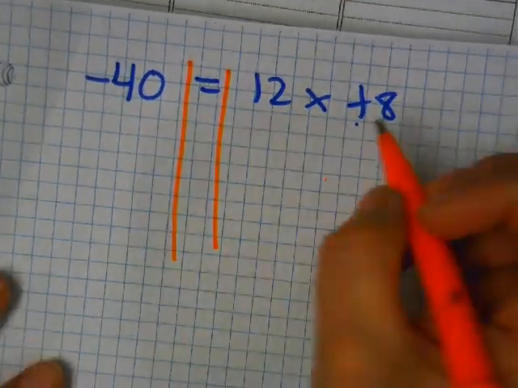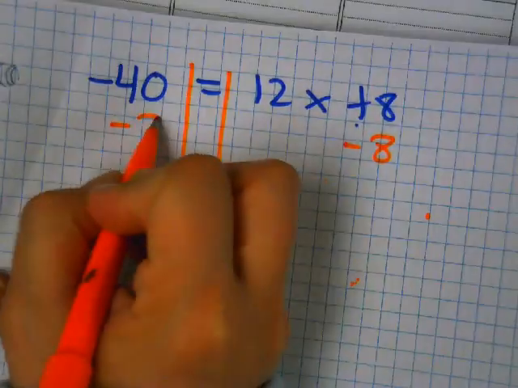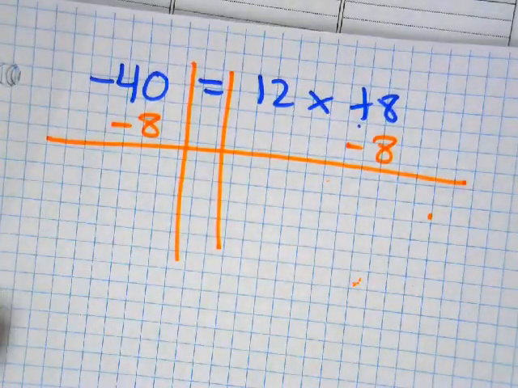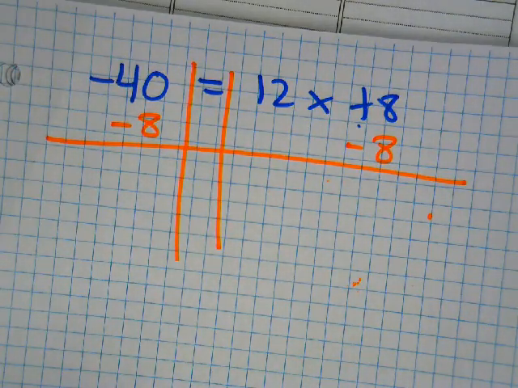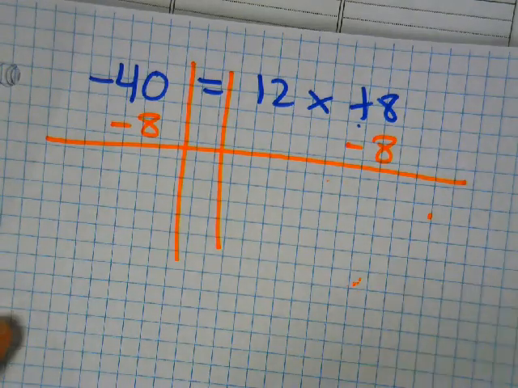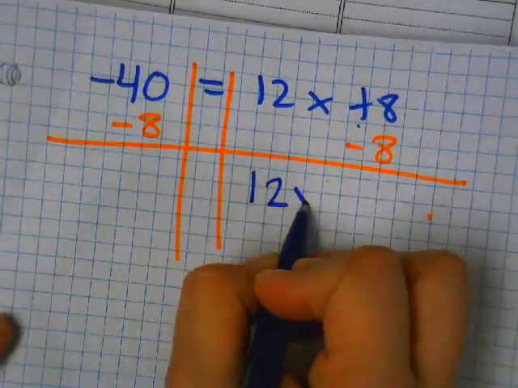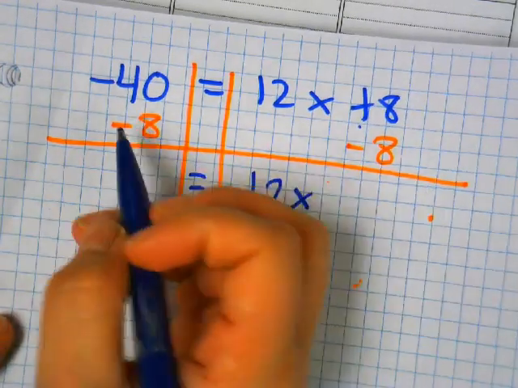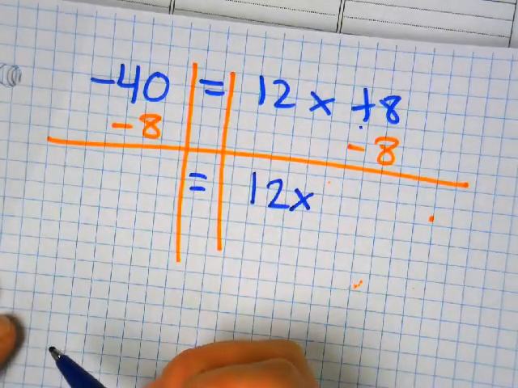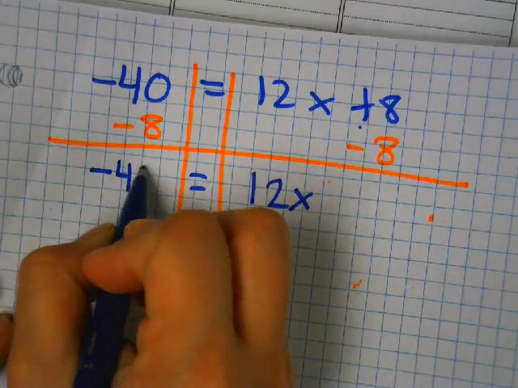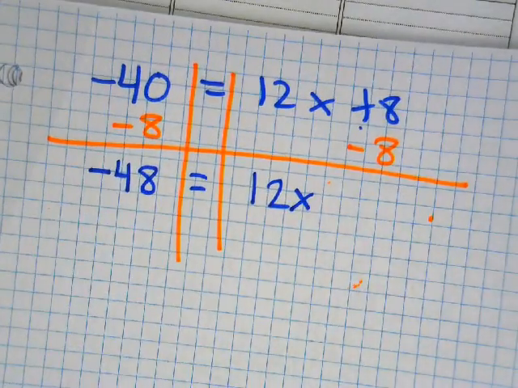Negative 8. Wait, so then it's negative 48? Yep. On this side we have 12x is equal to, what's on this side? Negative 48, not negative 32. Why?